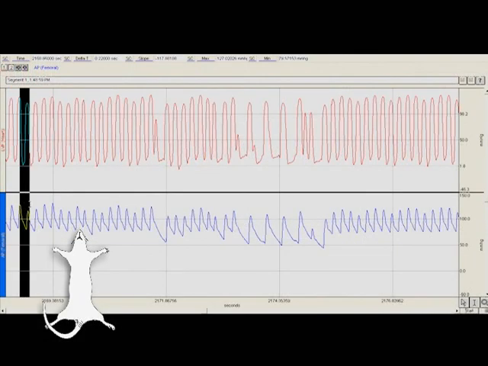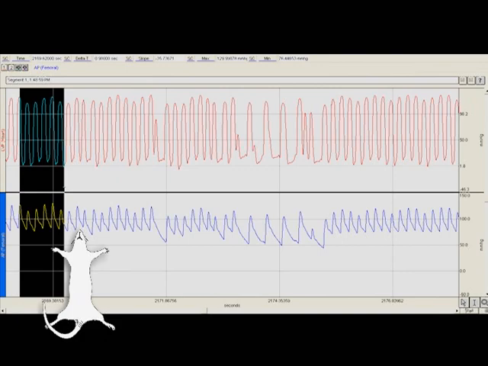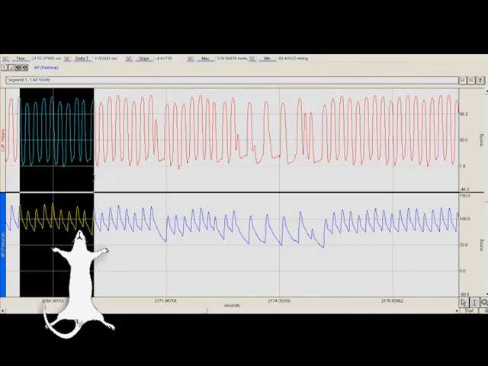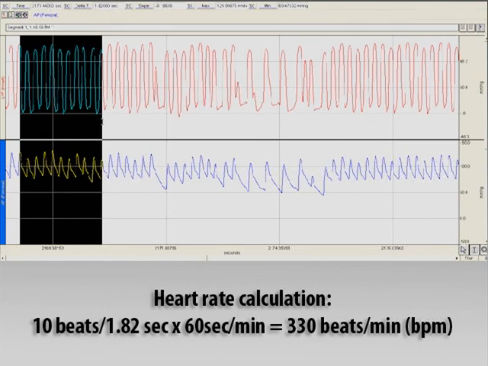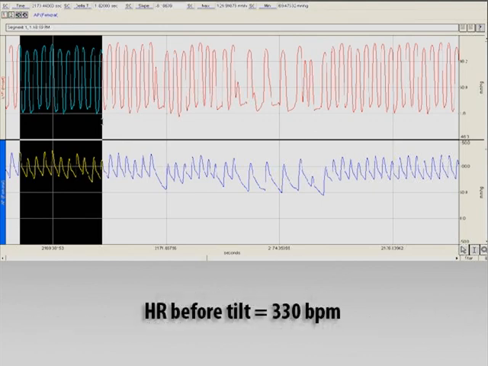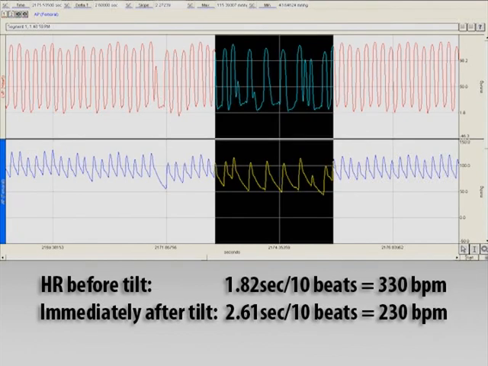This was the rate before tilting. And this is what happened as soon as we tilted the rat.